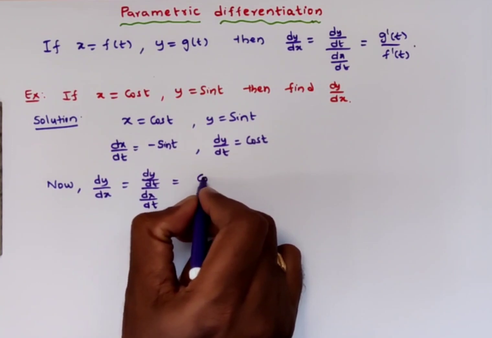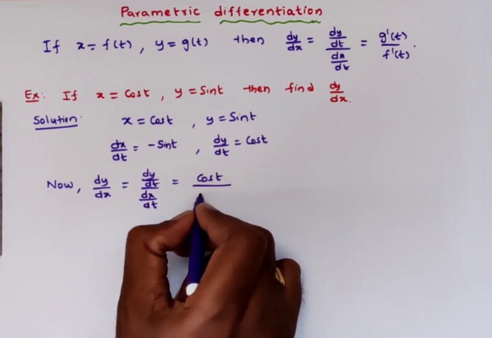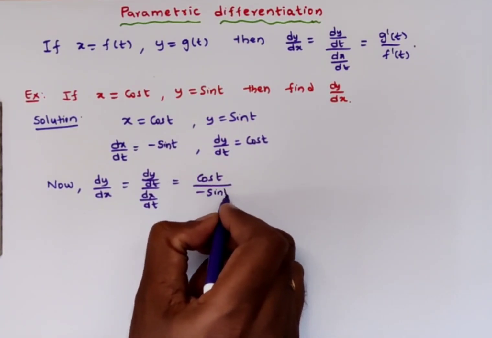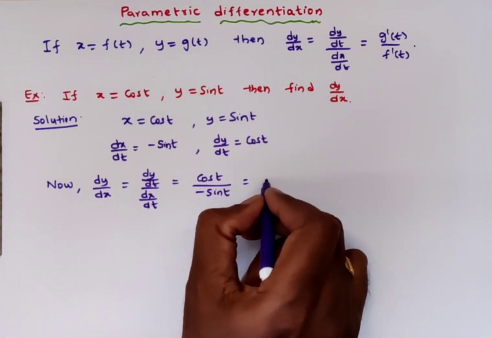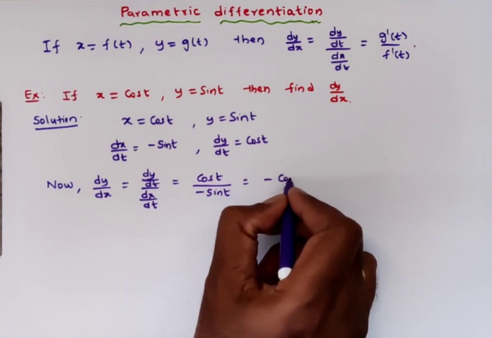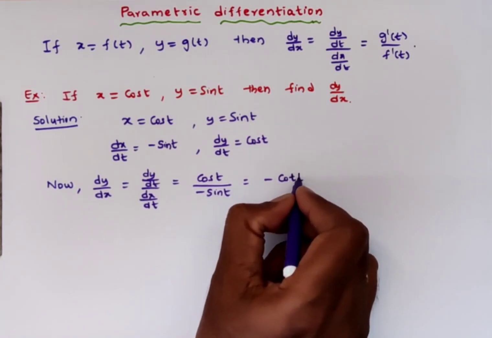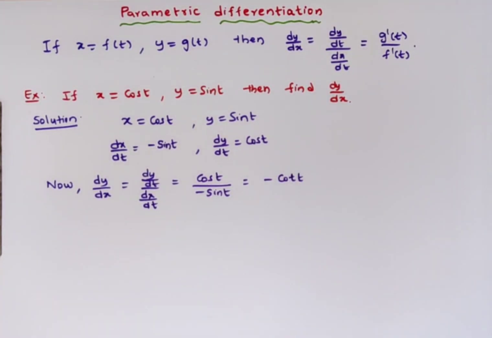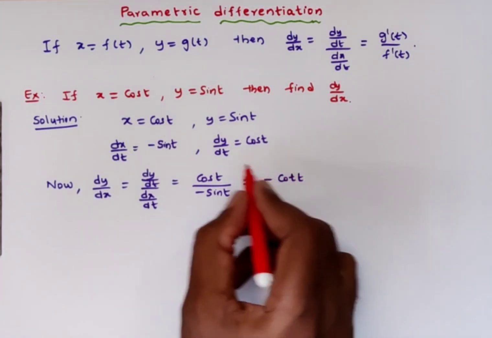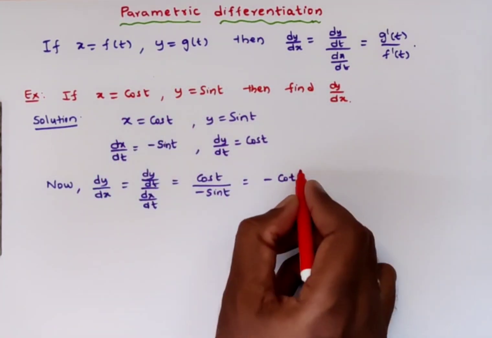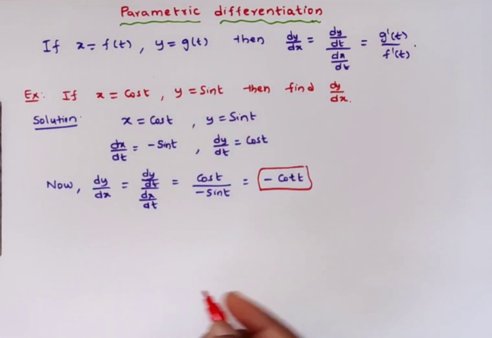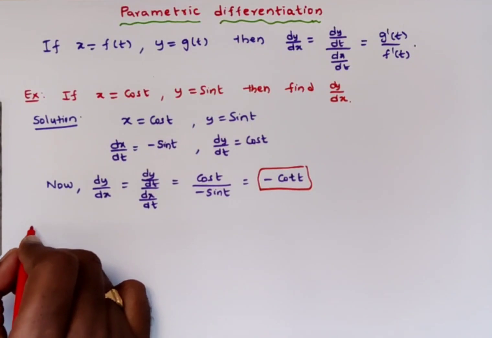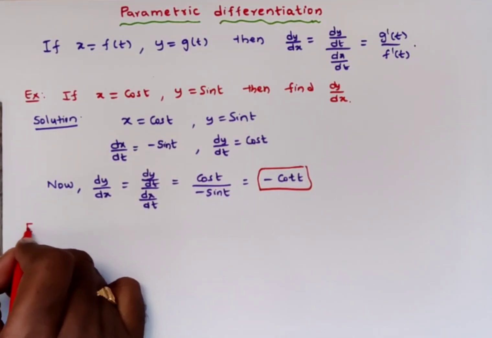That is cos t divided by minus sin t, which is minus cos by sin, that is minus cot t. So the derivative of y with respect to x is minus cot t, where x is cos t and y is sin t.